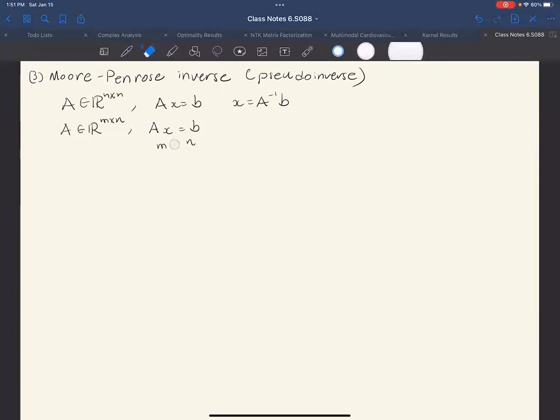Or even just any amount bigger than n. So in this case, sorry, let's say n is bigger than m here. So in this case, the number of variables that I have in my regression is way larger than the number of equations. And so there's infinitely many solutions to this problem.